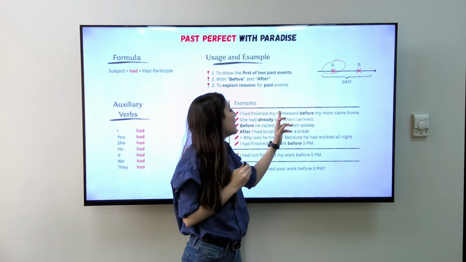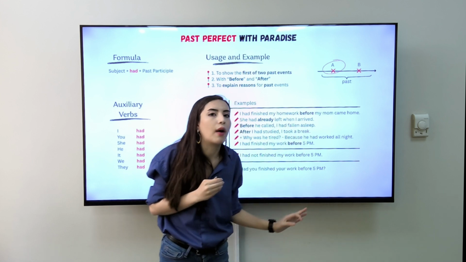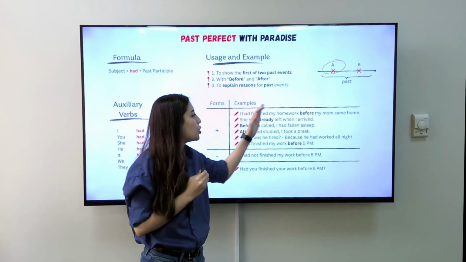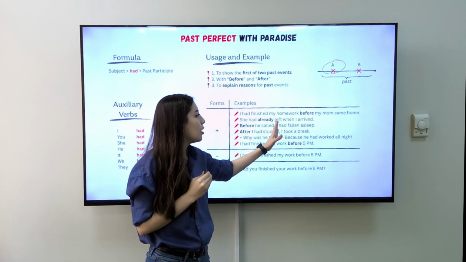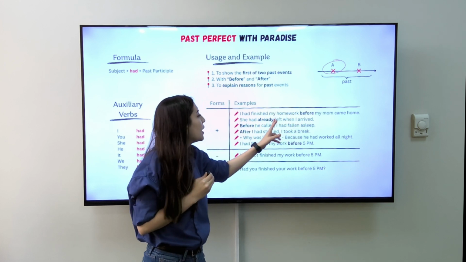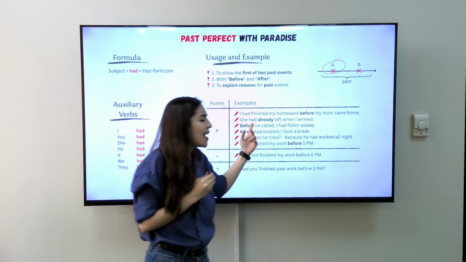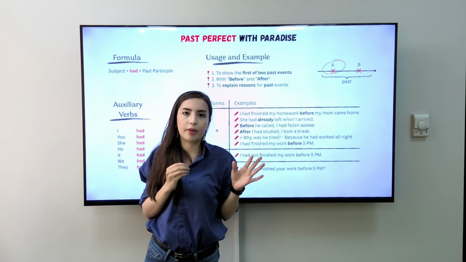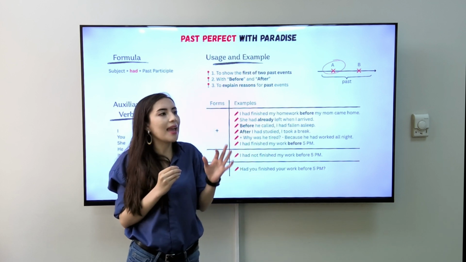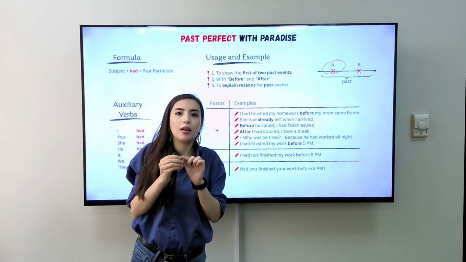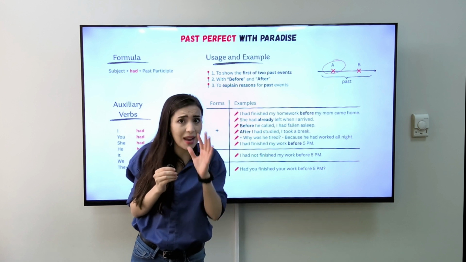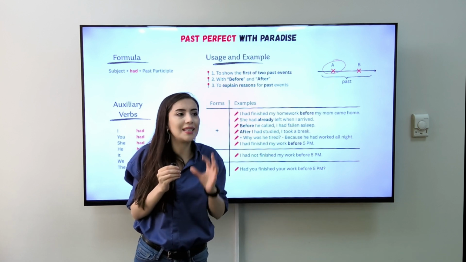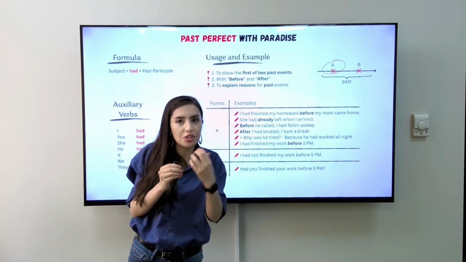She had already left when I arrived. You tell me, which one is first, leaving or arriving? You see, these are the main verbs. I have had in here, but had is not the main verb. For example, when I say I have a microphone, this have is the main verb. It's showing ownership. It means that this is mine.